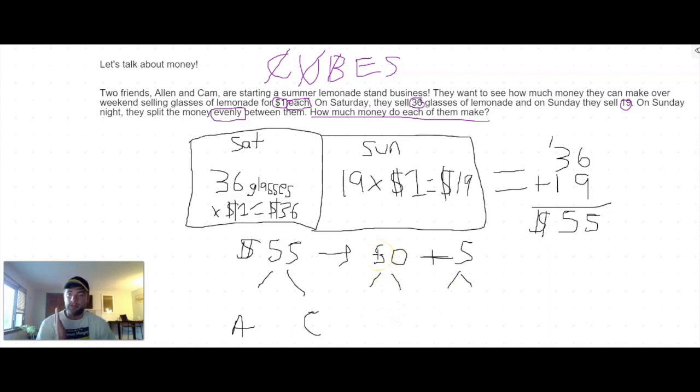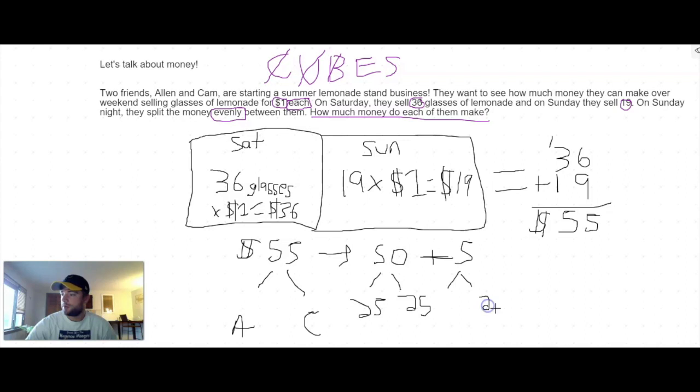So 50 split right down the middle into 2 groups is 25. So far, Alan and Cam are each getting $25. And then we take the 5, and we have to split that in 2 also. And for this one, it doesn't split evenly into a dollar amount. So we have to use cents.